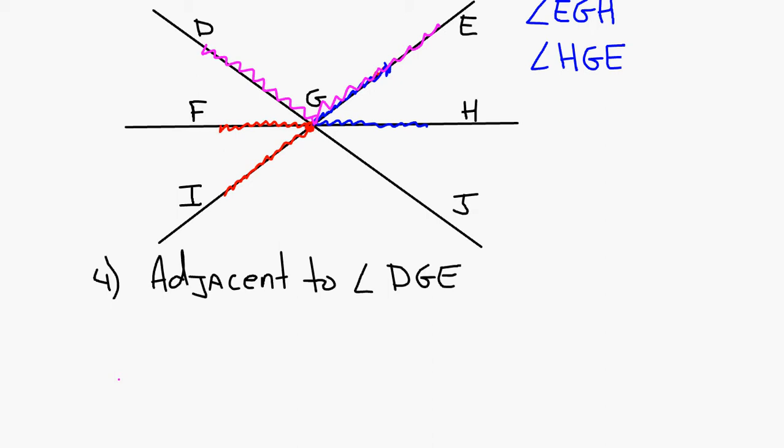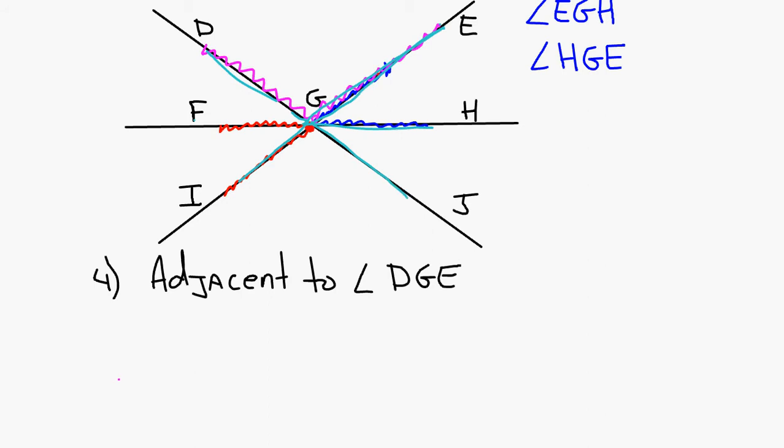I'm running out of colors, but this top angle, DGE, has DGF next to it. It has DGI next to it. It has EGH next to it. And it's got EGJ next to it. Does everybody see that?